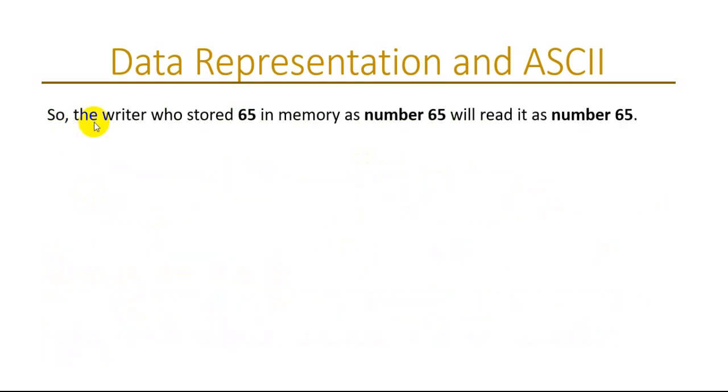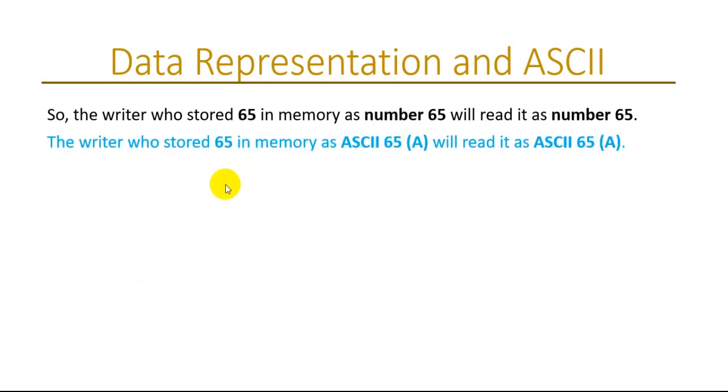So the writer who stored 65 in memory as a number will read it back as a number. Whereas the writer who wrote 65 thinking it's ASCII has to read it as ASCII, because for him, what he wrote is ASCII.